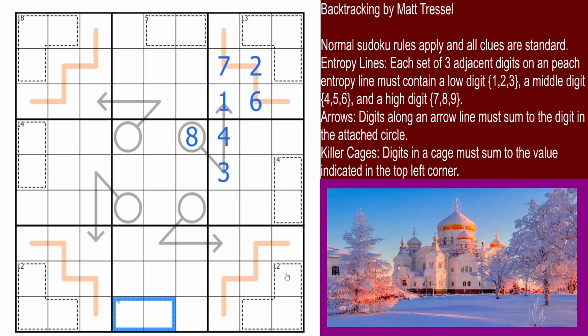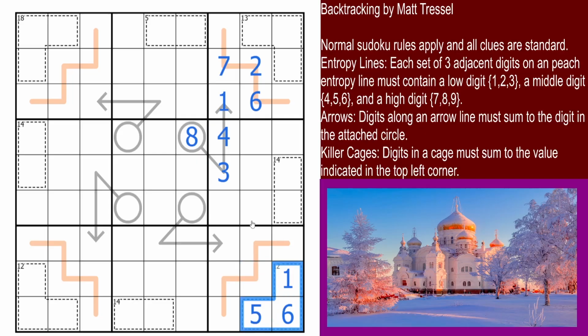The other rule about killer cages is that the digits in a cage should sum to the value in the top left corner, whatever is given here. So whatever digits we put here, the sum should be 12. You could have something like 5 here, 6 here, and then 1 here. These should sum to 12. You cannot have 2 here because then this will sum to 13, and that is not allowed because this should sum to 12.